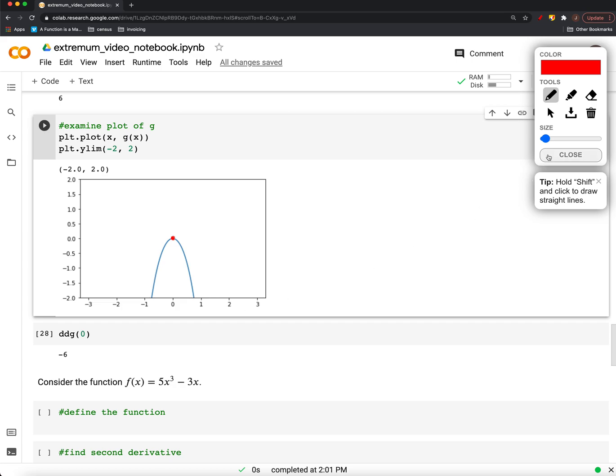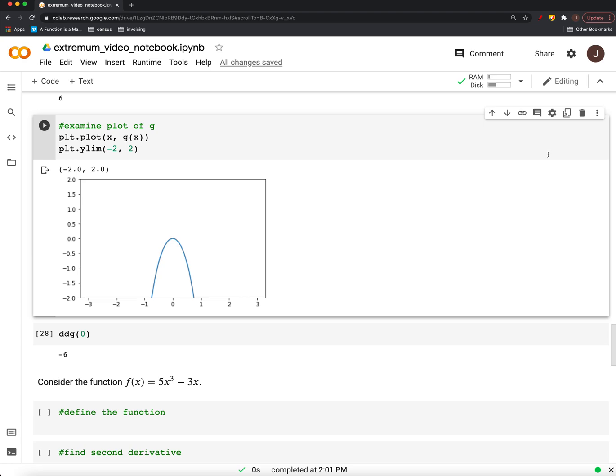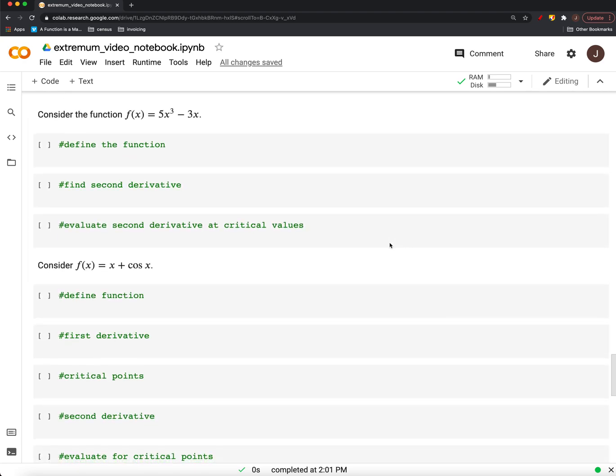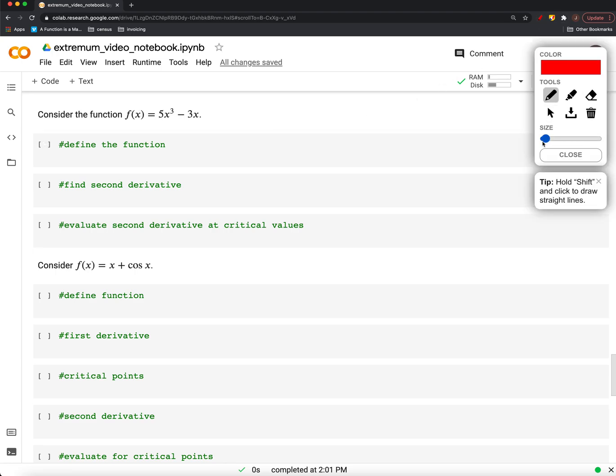Now, let's look at one more example with the function 5x cubed minus 3x. Same idea: we want to evaluate the function and its derivative, find the critical points, and use them in the second derivative. So by hand, we end up with the first derivative as 15x squared minus 3.